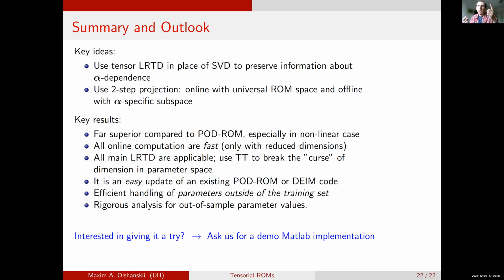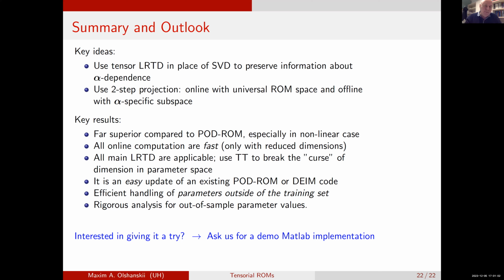We have the space direction, the time direction, and the third direction for all parameters. This is probably not as efficient as if we can also tensorize our parameter space, but it's feasible, and you can also interpolate in this third parameter direction.